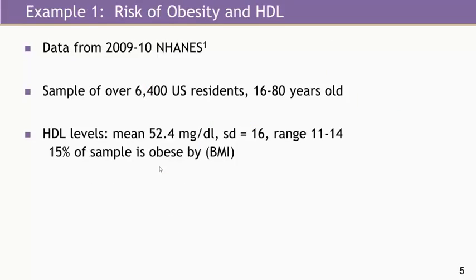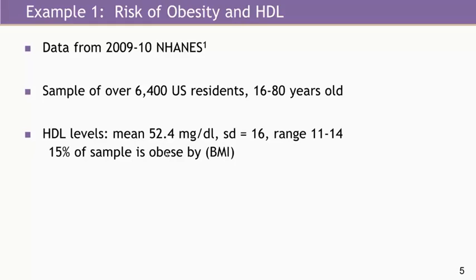So let's get into some examples with continuous predictors to really solidify what we're doing here. The data here is taken from the 2009-10 NHANES, or National Health and Nutrition Examination Survey, where there's a sample of over 6,400 U.S. residents between 16 and 80 years old. I'm going to look at the association between being obese and HDL cholesterol level.